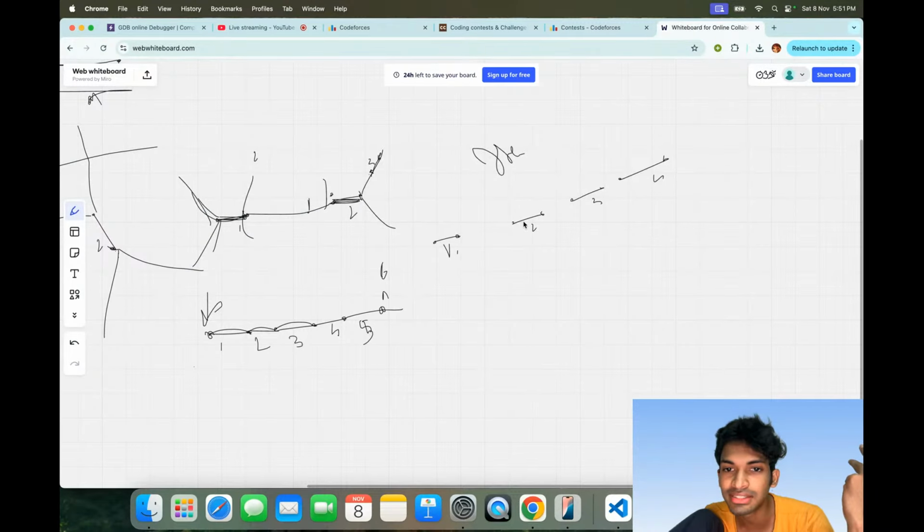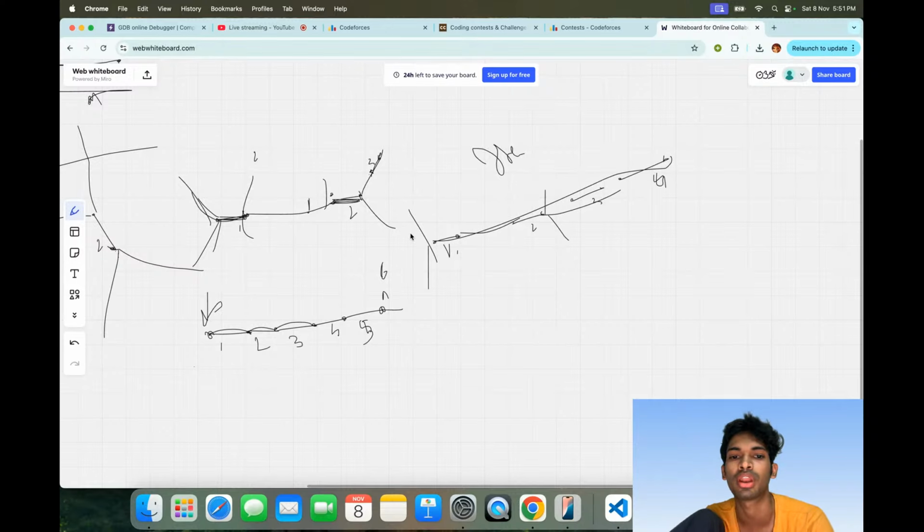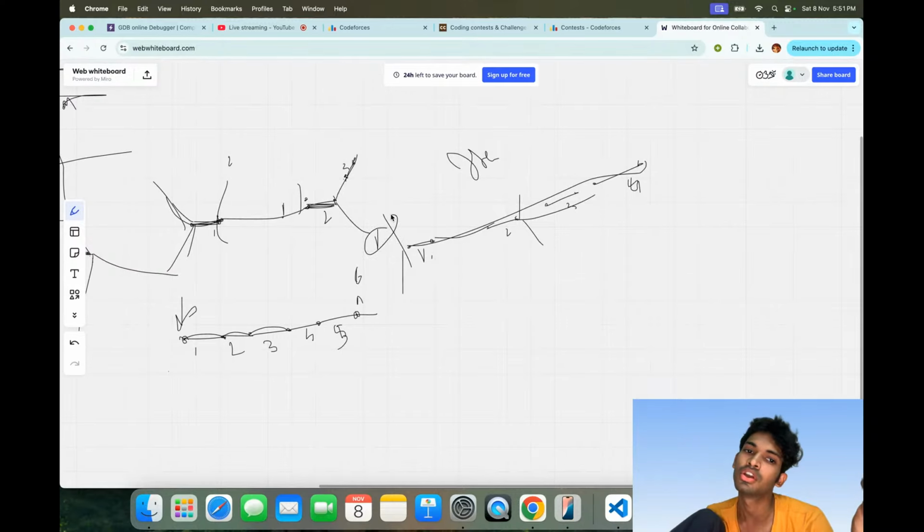So now, let's say something like this existed: 1, 2, 3, 4 as a path, from 1, 2, 3 up to 4. If 1 is here, to cross this one, you must make it 2. And to cross this 2, after that, if 1 is here, you cannot come with 1 here because 1 is before that, right?